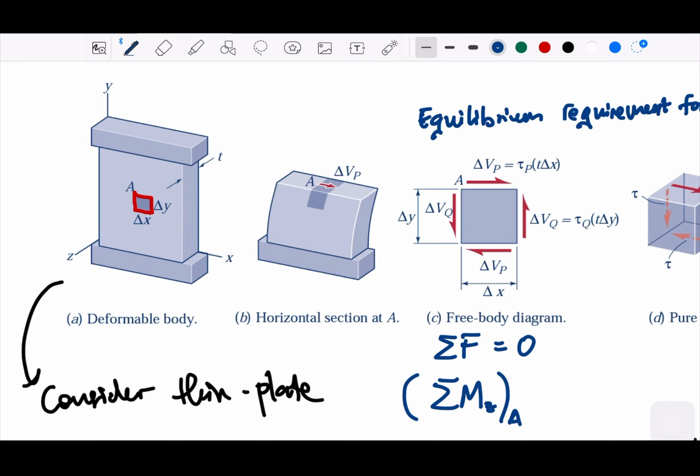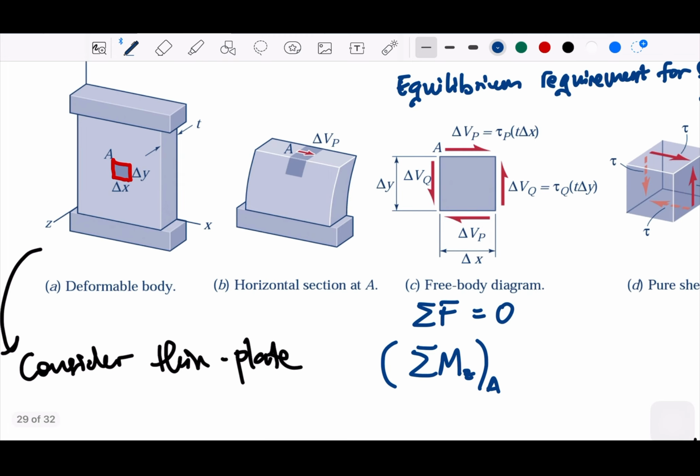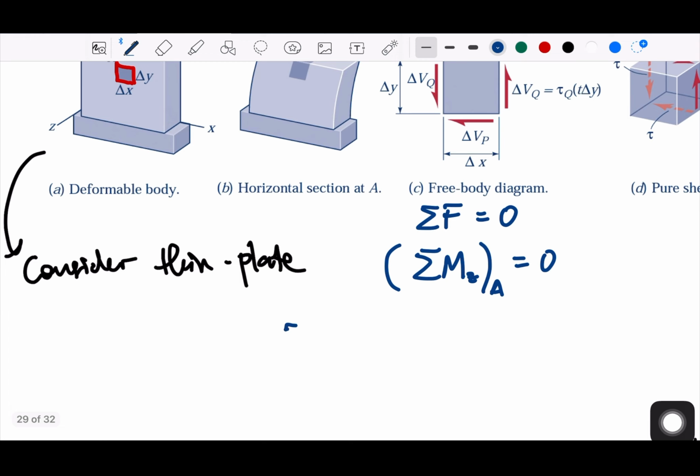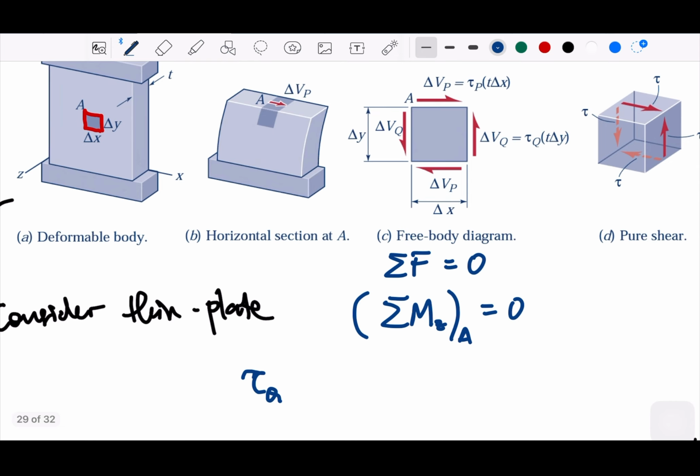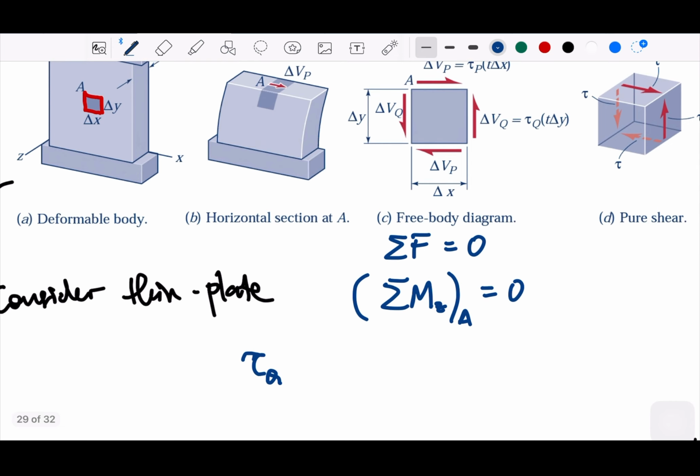The moment is according to that z-axis, and we take the point's perspective at A. So this will be equal to 0, and then the shear Q is for the y axis, and then t delta y.